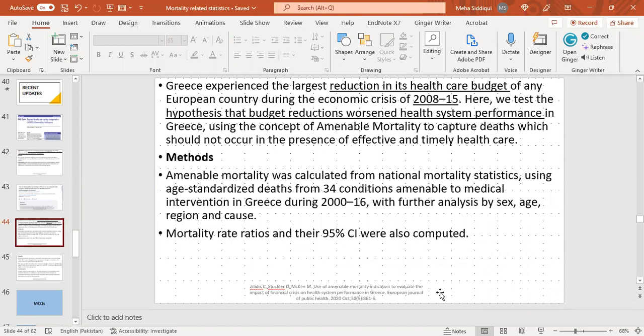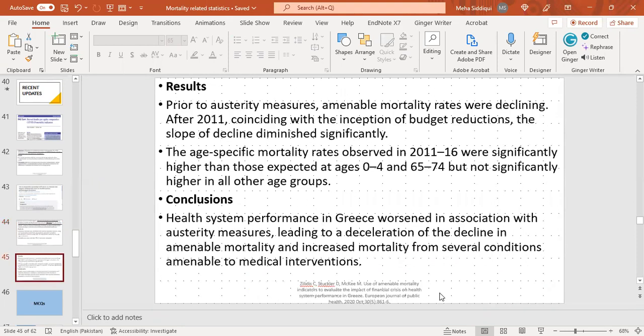Amenable mortality was calculated from national mortality statistics using age-standardized deaths from 34 conditions amenable to medical interventions in Greece, with further analysis by sex, age, region, and cause. Mortality rate ratios with 95% confidence intervals were also computed.